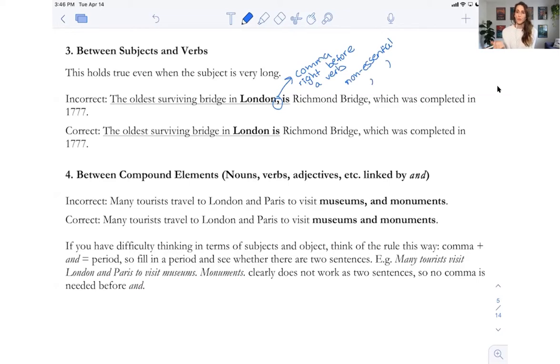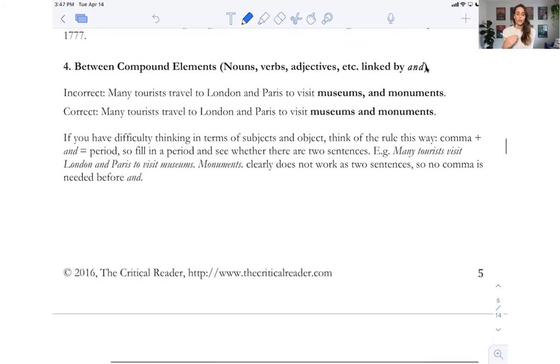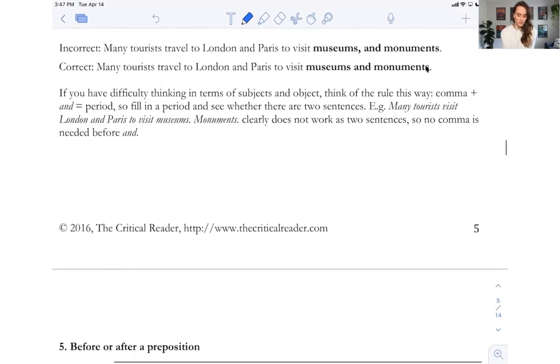But if there is a comma right before that verb, separating the subject from the verb, and there isn't a pair of commas separating non-essential information from the rest of the sentence, that comma is going to be incorrect. So again, if you have one subject and two verbs, or two subjects and one verb, you do not need a comma. So here, "many tourists travel to London and Paris to visit museums and monuments." We do not need a comma between museums and monuments.